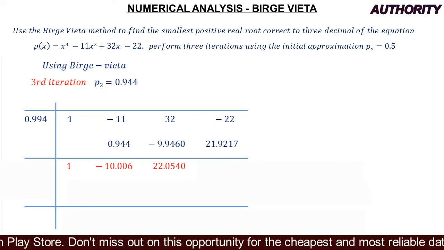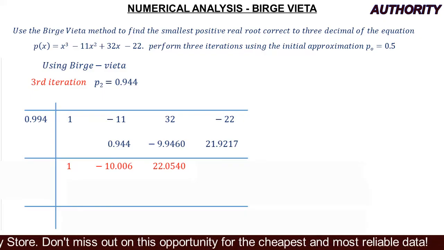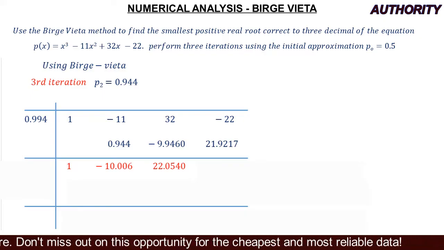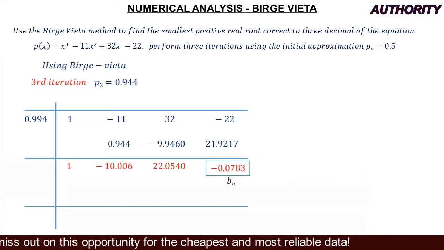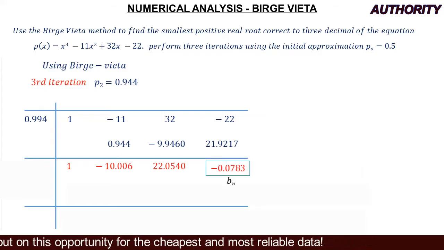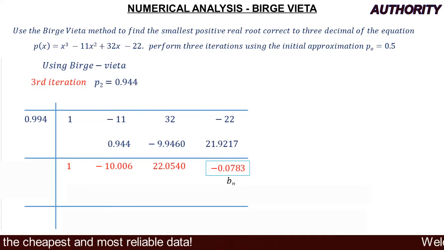So we add together: minus 22 plus 21.9217. The answer is minus 0.0783. So this is going to be our Bn.